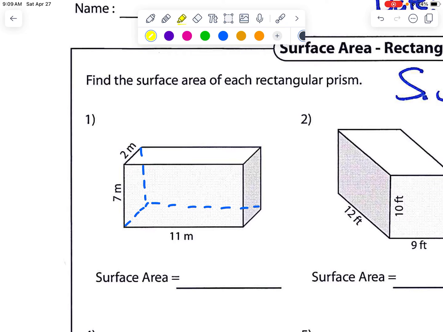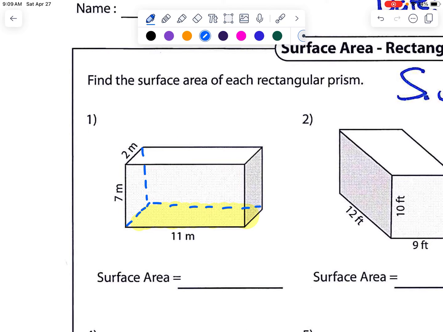So I'm going to highlight what we're going to focus on first, okay? This bottom rectangle has dimensions of, I want to write out our formula. So this bottom has a dimension of 11. And this dimension here would be 2, ladies and gentlemen, because all of these would be 2.